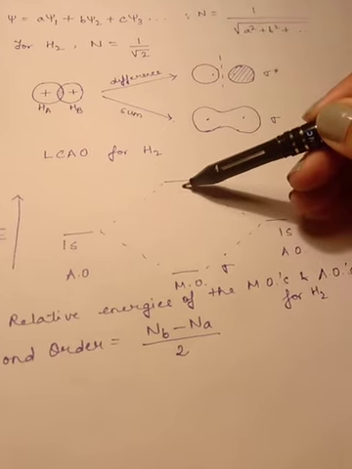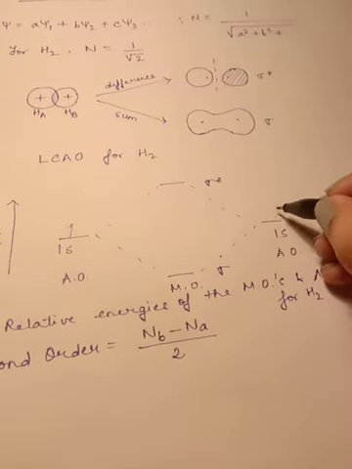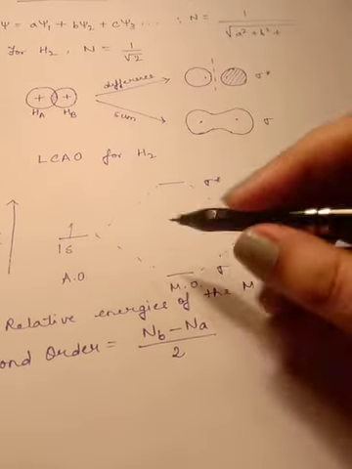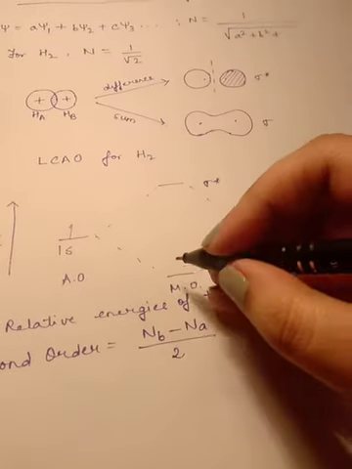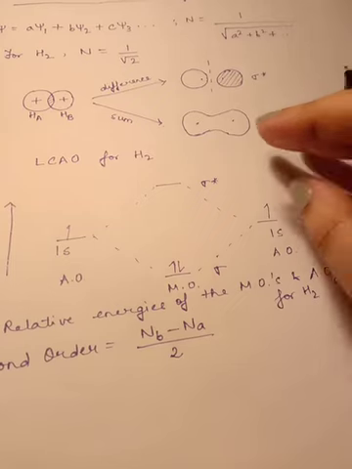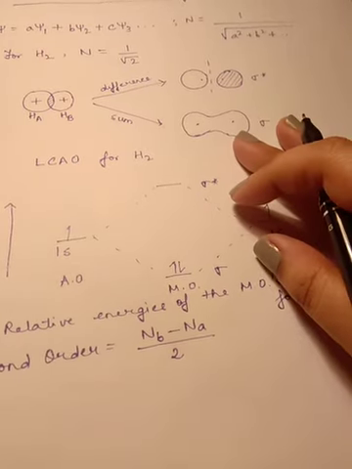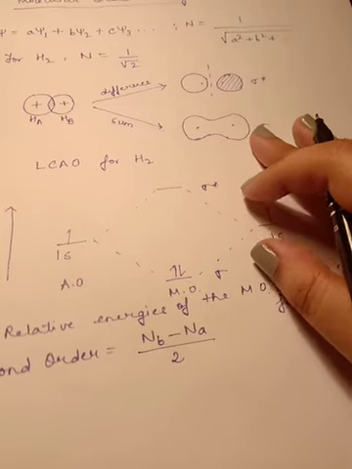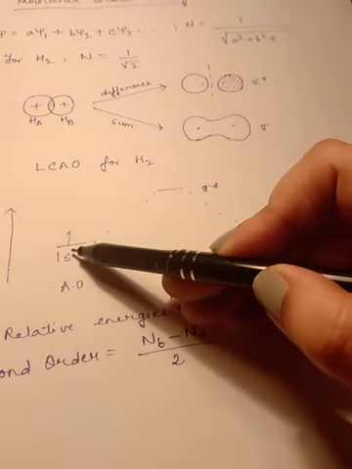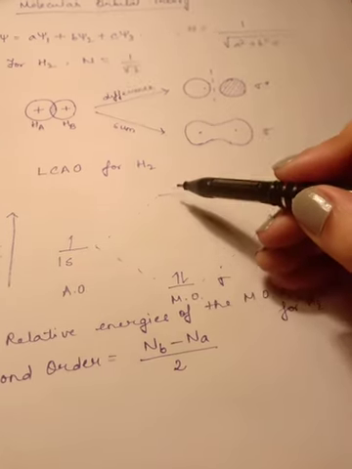In case of H2, there is one electron here, there is one electron here, and so there is a total of 2 electrons, and in the molecular orbital they get filled like this. In case of, let's say, helium, if we have He2, then this will have 2 electrons, this will have 2 electrons, and the total number of electrons will be 4. So in case of He2, there will be 2 electrons here and 2 electrons here.